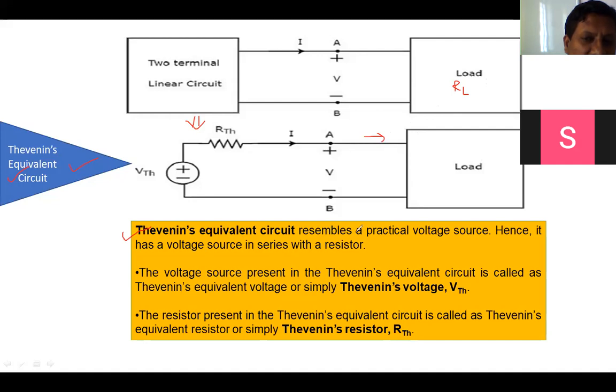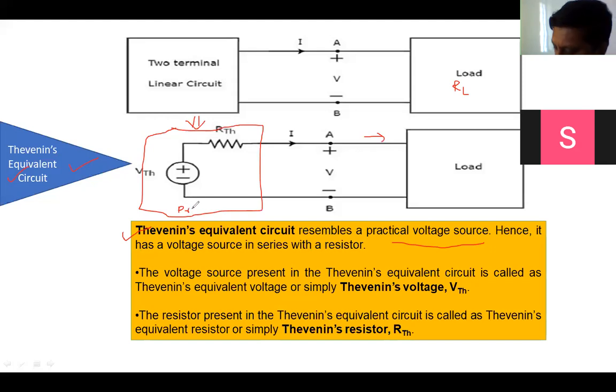Thevenin's equivalent circuit consists of a practical voltage source. Already you learned source transformation. This is called a practical voltage source.